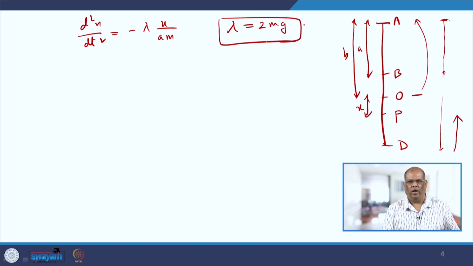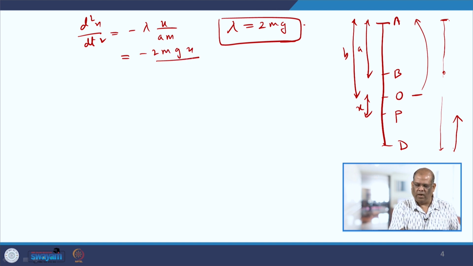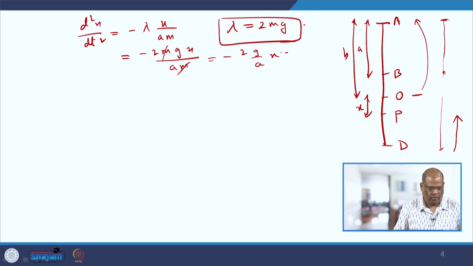You can do the whole derivation with lambda also, but with this you will have a simplification. So, if I substitute it there, I will get this equal to minus 2 mg x by A m, and so minus 2 g by A x. So, this is our new equation of motion with a particular value of modulus of elasticity.